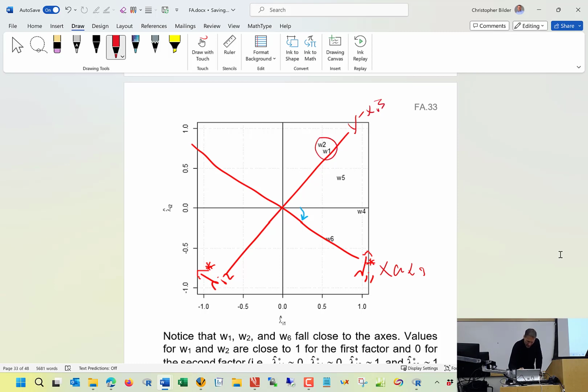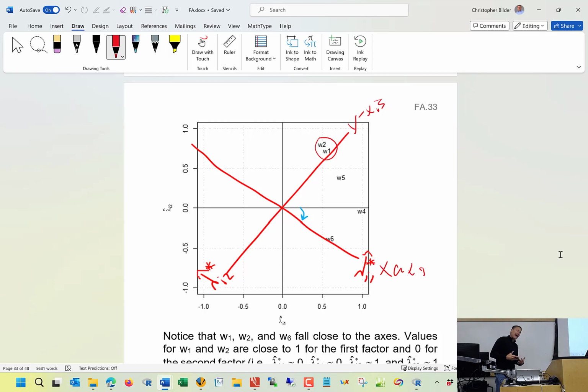Look how close W1 and W2 now are to that axis, meaning it will have a lambda hat 2 star, let's call it that, that's my rotation, that is close to 0. I'm sorry, I got that wrong.